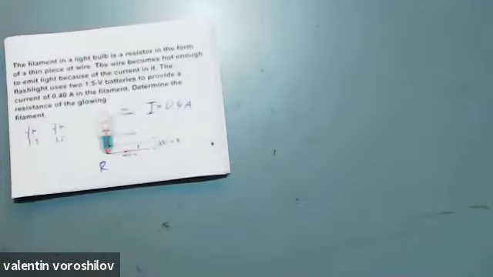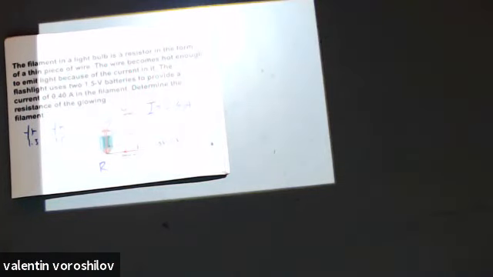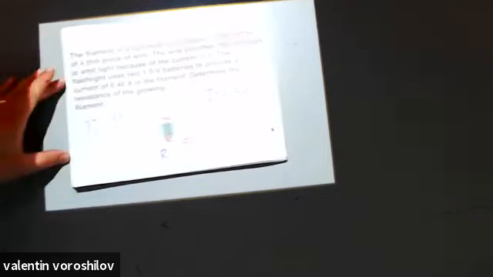Now I need to go back to the original setup to finish calculations. So what do I need? I need to zoom in again. I know how to do it. More, stop. And shift to the right. Now I need to mute the screen. Now I need to lower the camera.